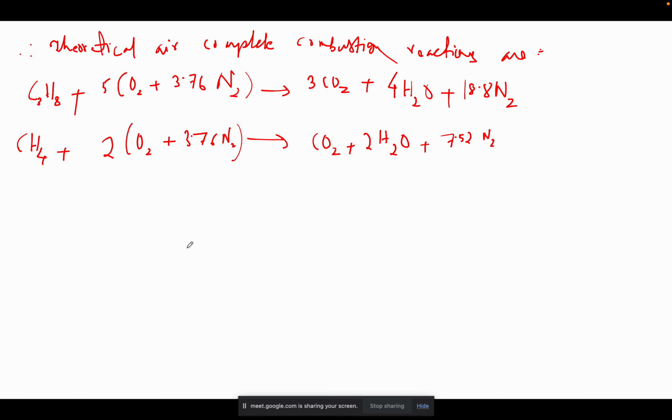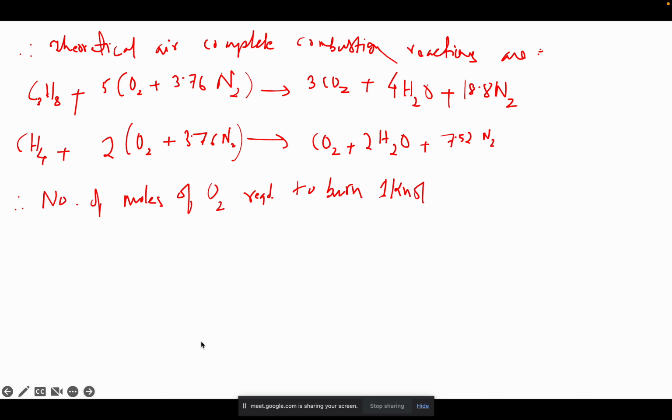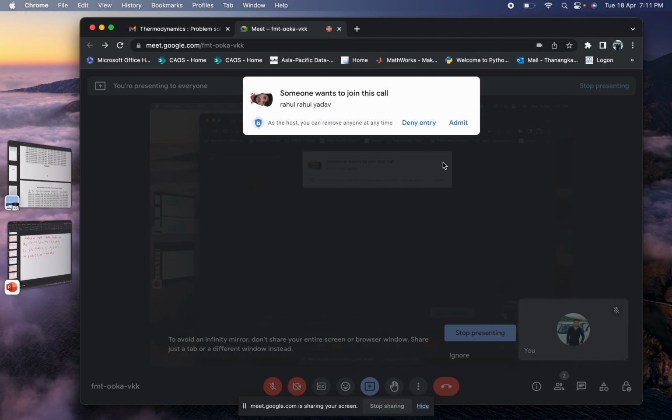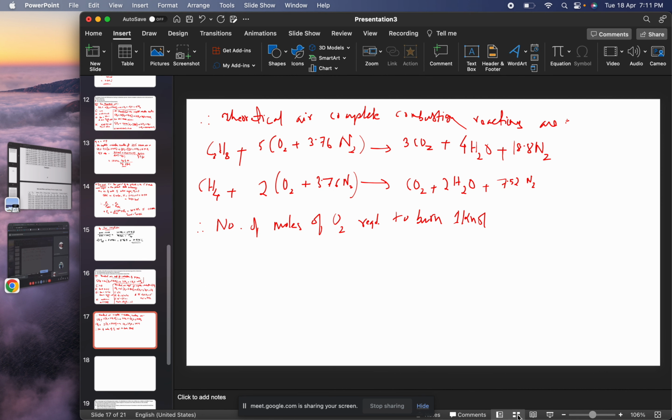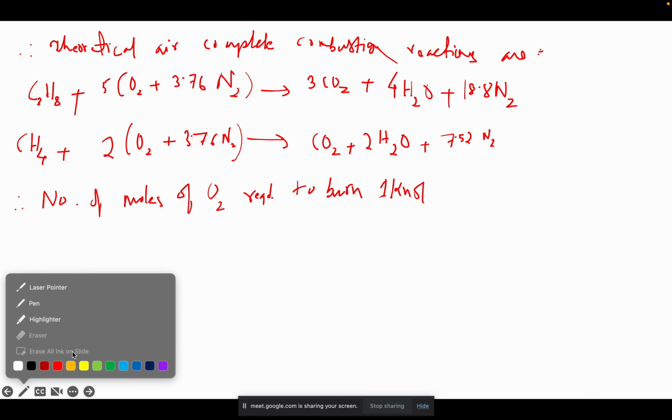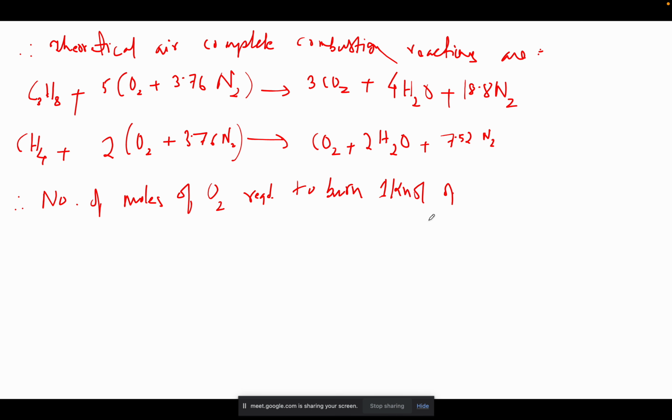Okay, so therefore the number of moles of oxygen required to burn 1 kilomole of C3H8 is equal to 5.